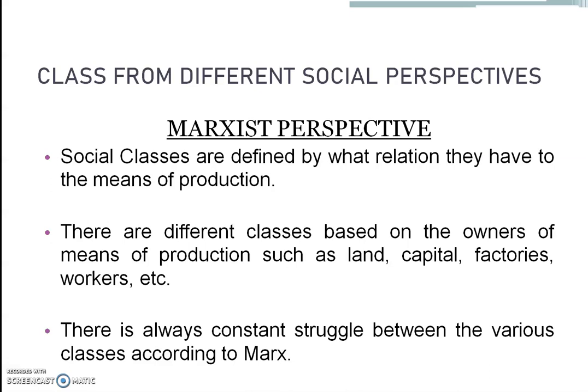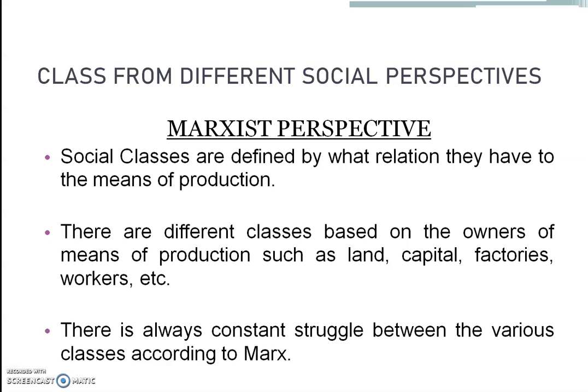Different people in a society have different possessions. Some may have a lot of land, a lot of capital, a lot of factories, while others might not have any of these. They might be working for those people who already own these. So the Marxist says that your social class is determined by how much means of production you have.